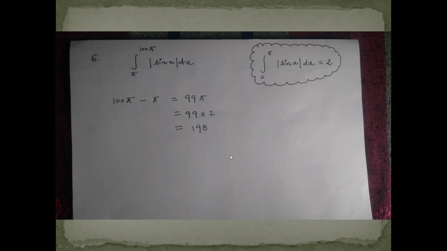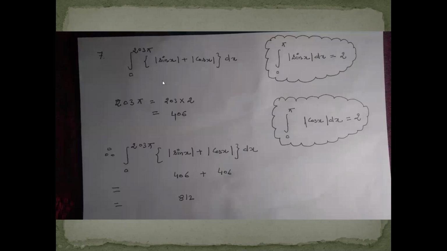Now, what is question number 7? Our question number 7 is the addition of two modulus functions, from 0 to 203 pi of modulus of sine x plus modulus of cosine x. Similarly we proceed. 203 pi minus 0 is 203 into pi.